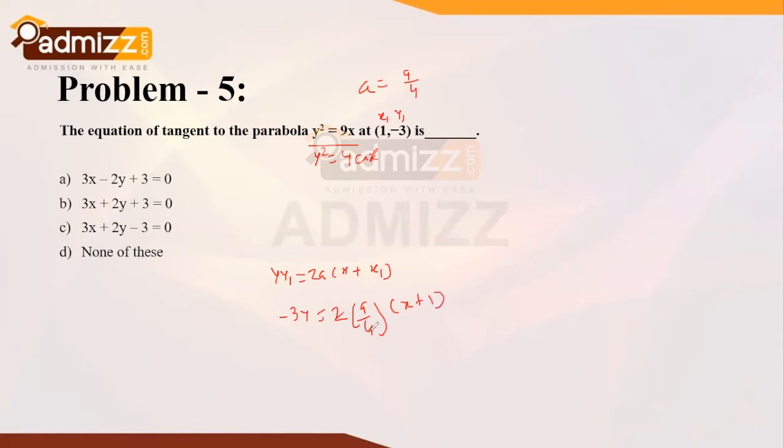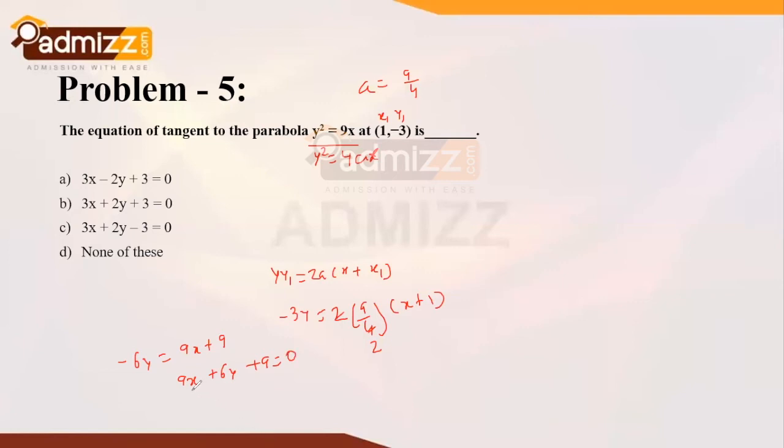Now 2 into 9 by 4, and if you do the further simplification, it is -6y is equal to 9x plus 9. So if I bring down this -6y towards the right hand side, and then rearrange the left hand side and right hand side, it brings me the equation to be of the form 9x plus 6y plus 9 equals 0.